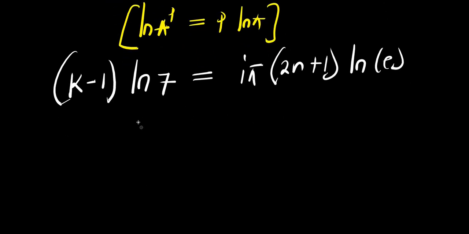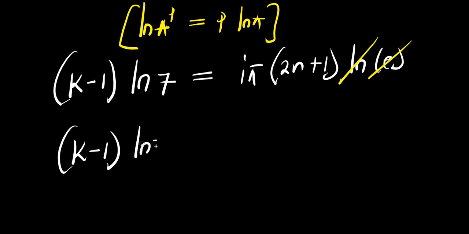So from here, we can easily cancel out, since natural log of e is 1. So we simply have k minus 1 times natural log of 7 equals i times pi times 2n plus 1.